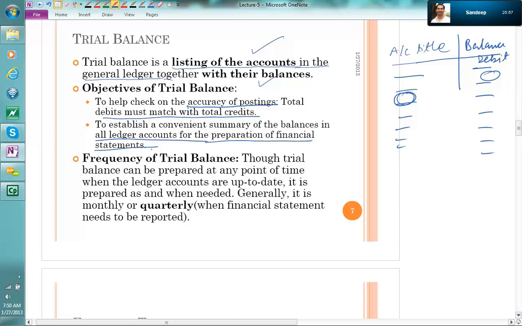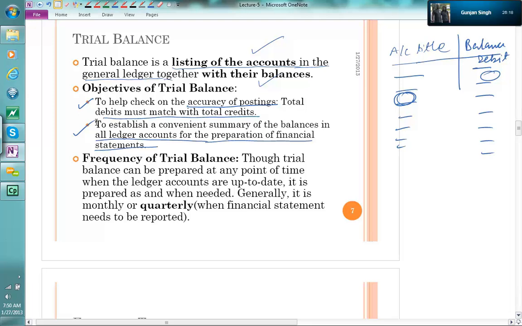Once this trial balance is validated and checked, you simply pick the numbers from the trial balance and put them into the respective financial statements wherever you need them. These are the simple objectives of trial balance.